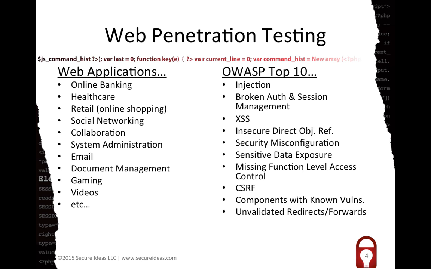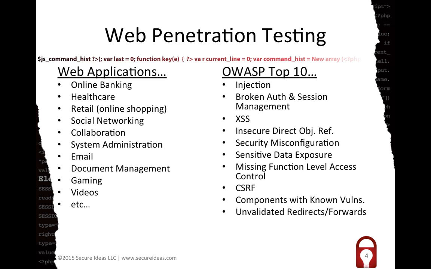As we find vulnerabilities, we may be able to attack either that code running behind, or the underlying system, or in some cases the users of the applications, or we may be able to obtain information out of the application that we shouldn't be able to obtain, or even execute functionality that we shouldn't be able to.